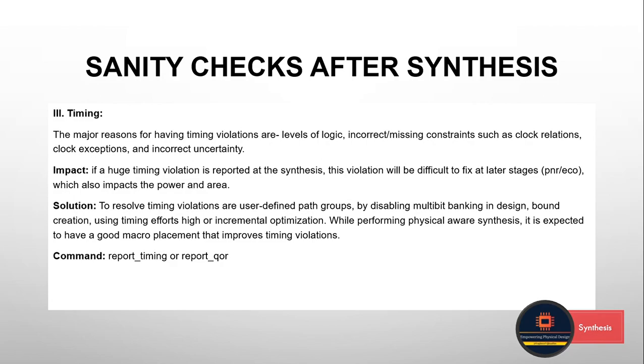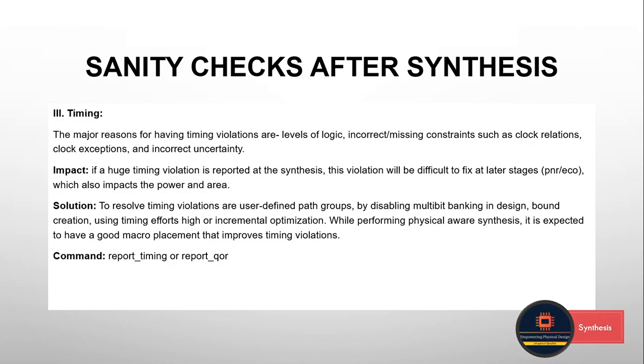And also nowadays, since we are going with the lower technology nodes, we are seeing timing violations. So all the tools are coming up with certain effort levels. We need to make sure that we set timing effort at a high level, so that the tool can try to optimize more. The tool focuses on the timing more, on the focus path groups, and tries to do incremental optimization.